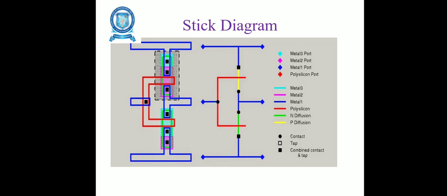Here the encoding is: green represents N diffusion plus the transistor channels, red is polysilicon, blue is metal, black is contact, gray is not applicable, yellow is NMOS, and brown is the buried contact. You can see the different color codings here.